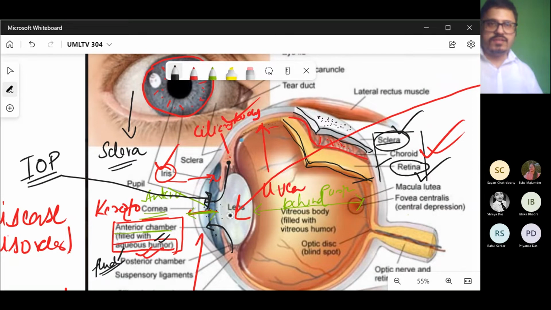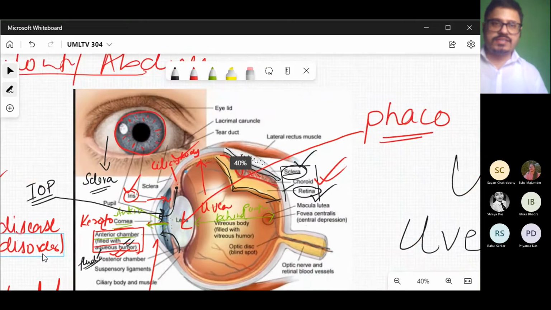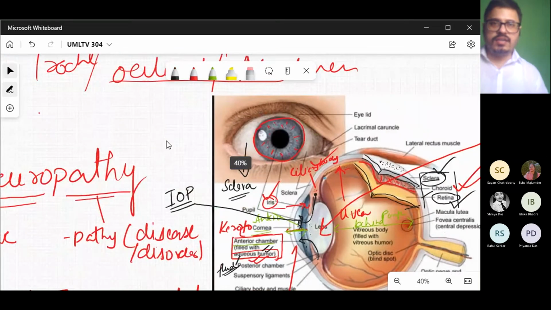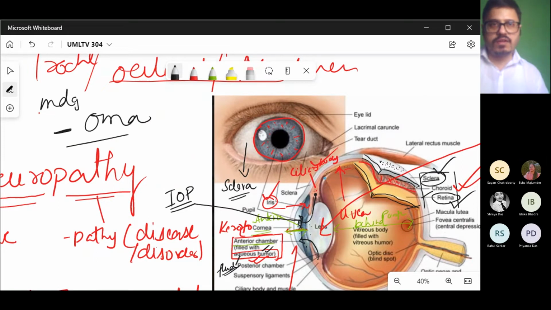glaucoma. This term glaucoma is an exceptional term, because in the offline classes I gave you the idea that whenever you find a term that ends with the suffix oma, it indicates malignancy, or cancer. But glaucoma is not a cancer, though it is a malignant condition.